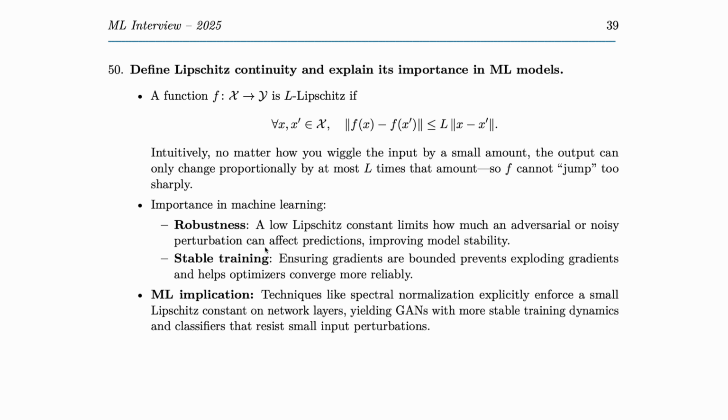Stable training is also very important in GANs, and that's why in GANs we usually use spectral normalization in the discriminator, in order to have stable training.